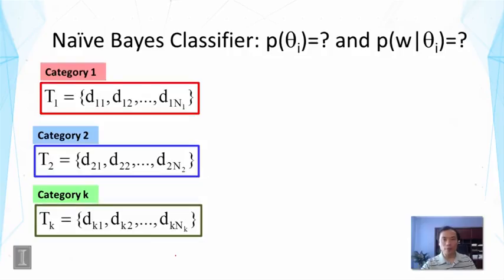Now, if you have thought about it, then you will realize the following intuition. First, what's the basis for estimating the prior, or the probability of each category? Well, this has to do with whether you have observed a lot of documents from that category. Intuitively, if you have seen a lot of documents in sports and very few in medical science, then your guess is that the probability of sports category is larger, or your prior on the category would be larger.